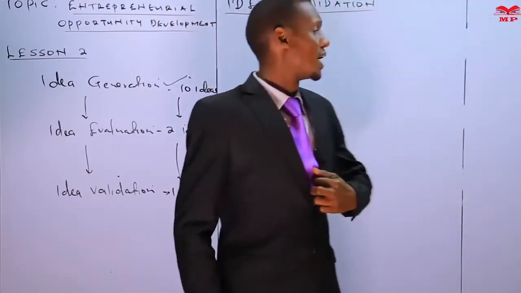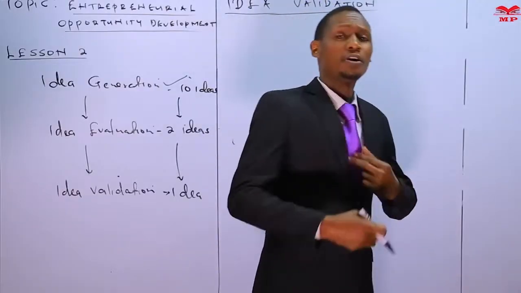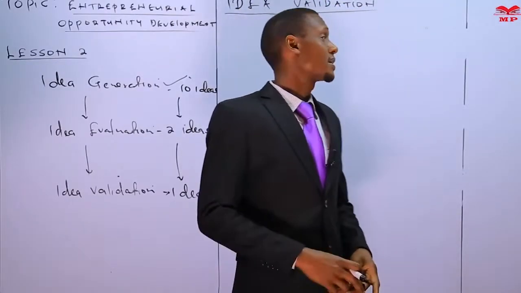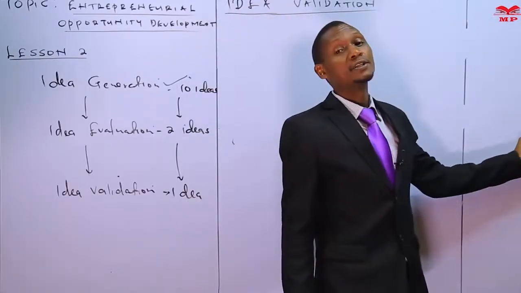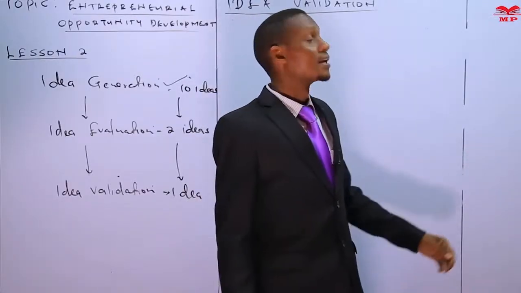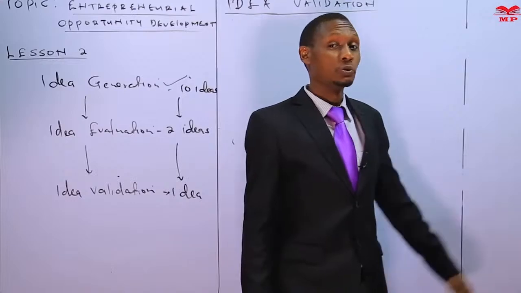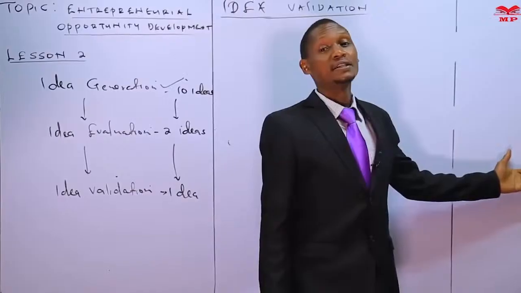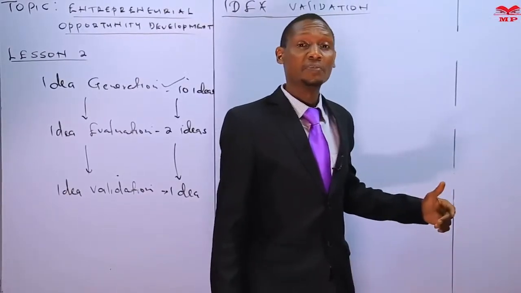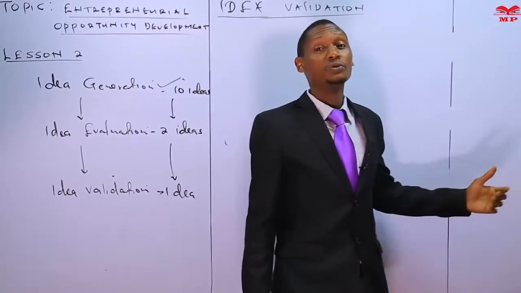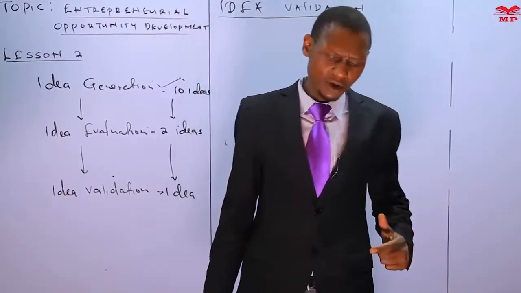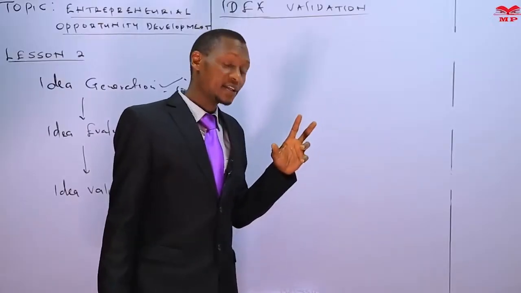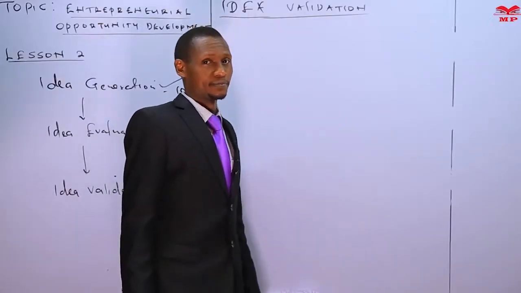So now you are taking your assessment of the remaining two ideas further. From just saying that an idea seems to be profitable, that an idea seems to have a good market scope, that the amount of capital requirement is within my reach, I can raise that amount, here you are quantifying those characteristics.